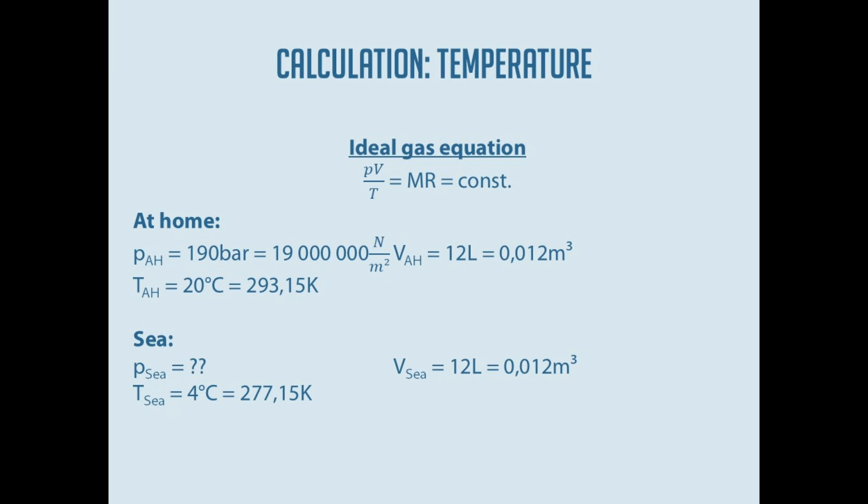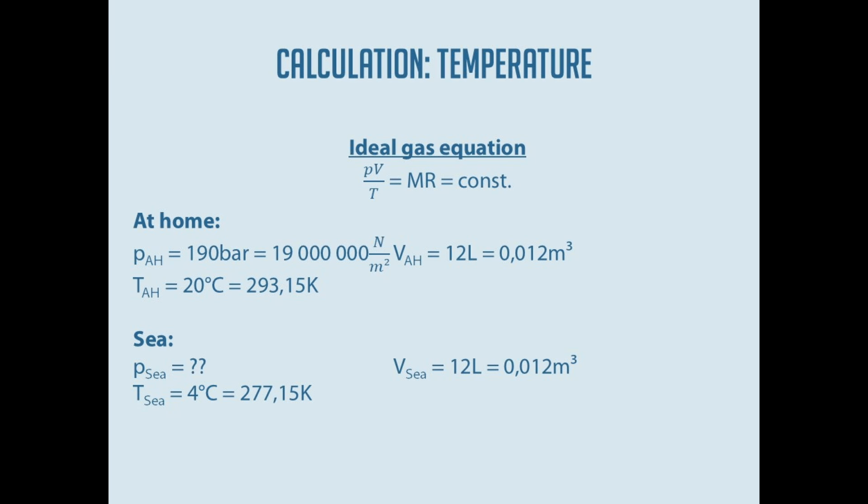So my tank still has, if I let it stand a few hours in my diving cellar, 190 bar, because it has cooled down compared to the filling process where all the air was pressed in, and of course some friction has arisen. My bottle has 12 liters, so 0.012 cubic meters, and now let's just say that it is 20 degrees Celsius at home.